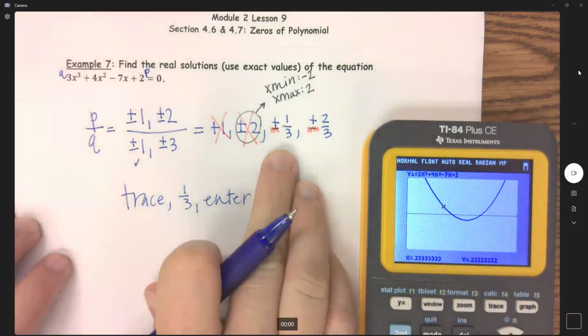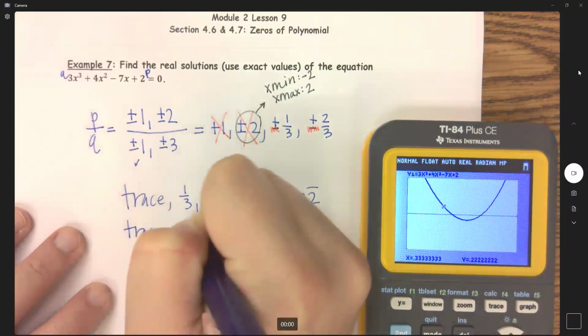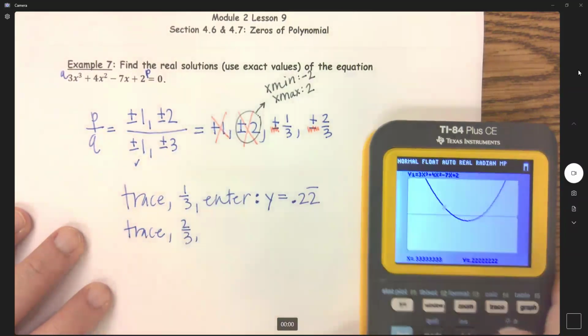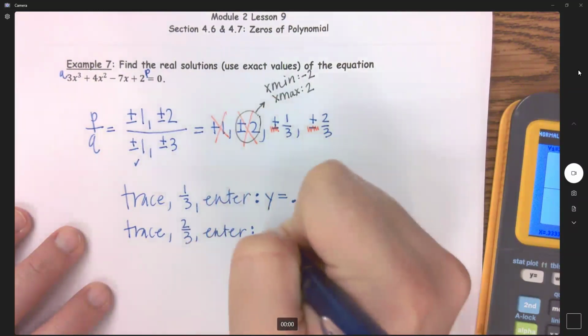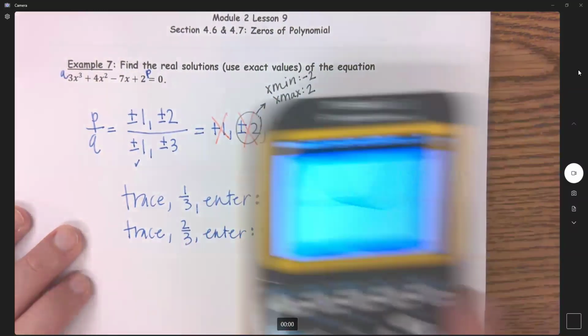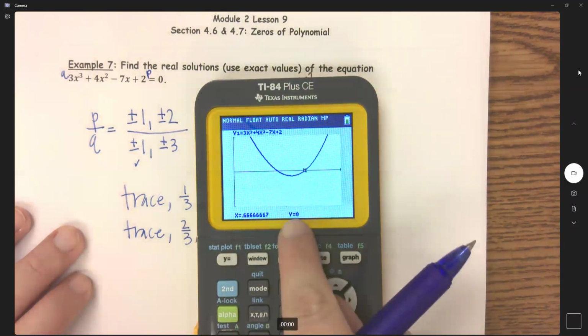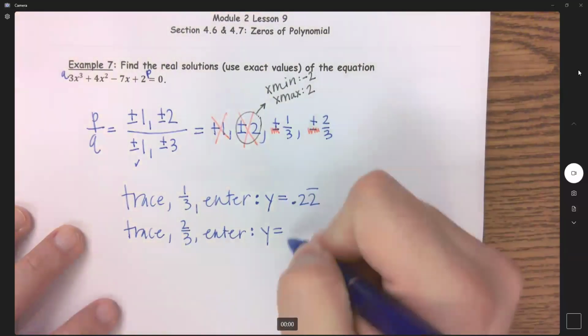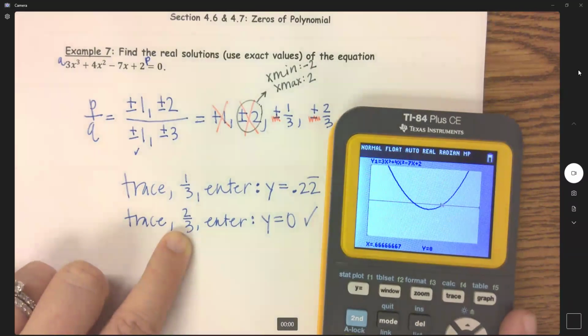So that tells me this is not it. So let's try trace 2/3, enter, and see what our y is. So 2 divided by 3, and now we have a y of 0. That is my solution right there.